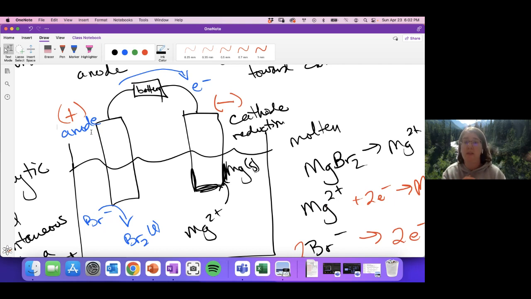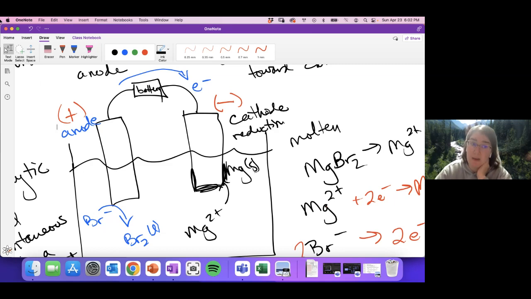The other way to think about this, and this is more of the actual truth, but I understand on the exam some folks want the easier way to remember stuff. Those charges actually come from which is more likely to happen. So the charges are actually coming from the standard reduction potentials.